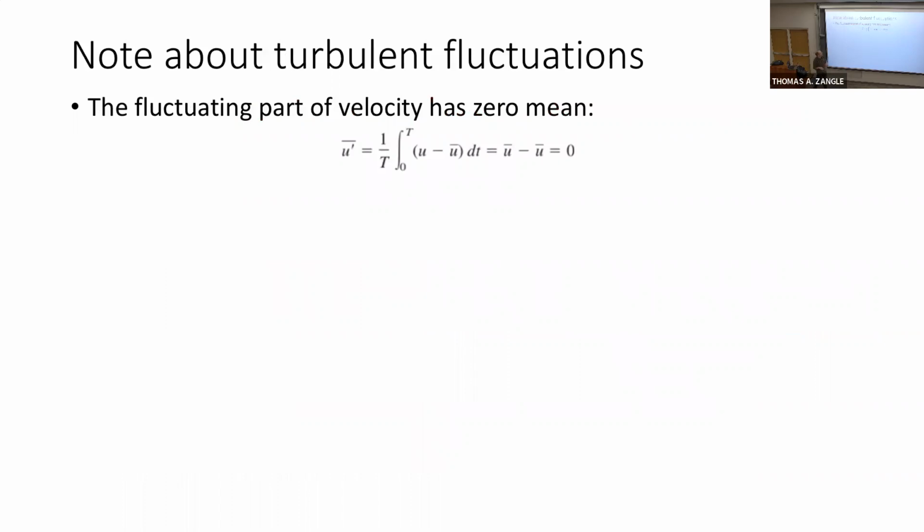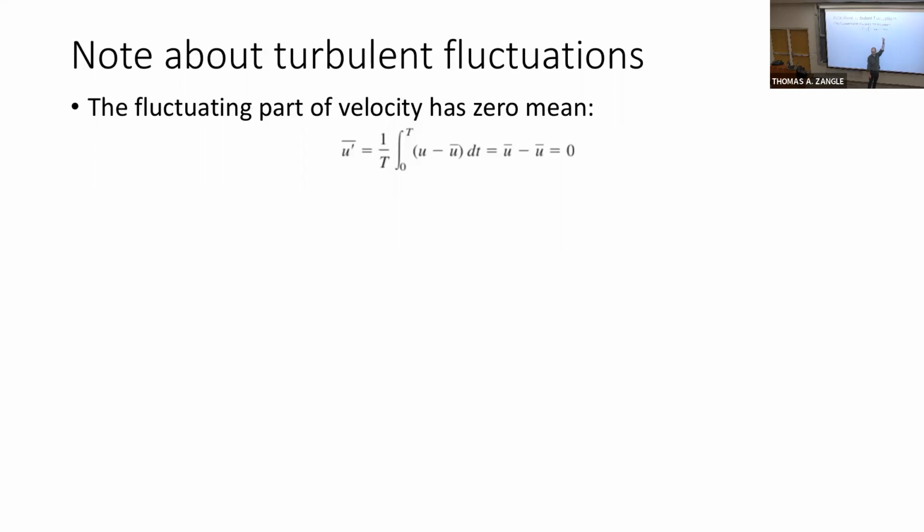A note on the turbulent fluctuations, those turbulent stresses. From our definition of the overbar time averaging operator, the average of, let's say, u prime, the fluctuating component of velocity, has to be zero.